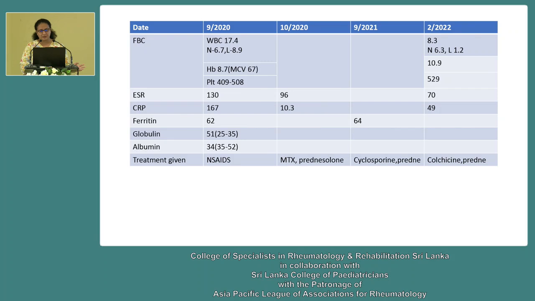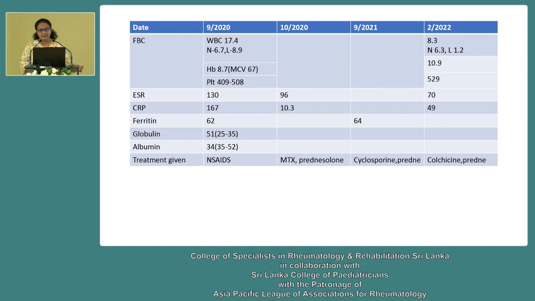And then we tried cyclosporine, and then around 2022 February, we started colchicine and prednisolone, and since then we've been using these alternatively and continuously.